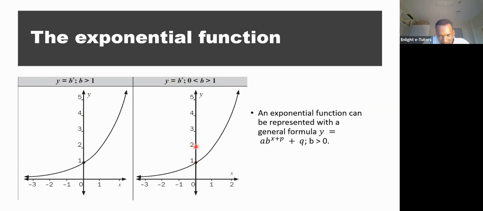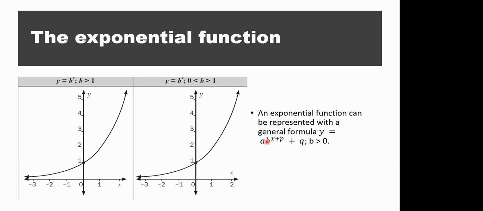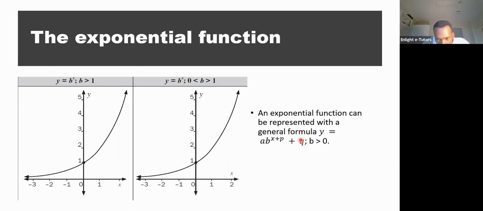You understand? Right. So the q determines the horizontal shift. No, the q determines the y-intercept. Let me just do this. There is a q and a p. Wait, which one? Oh, yeah. The q and the p.